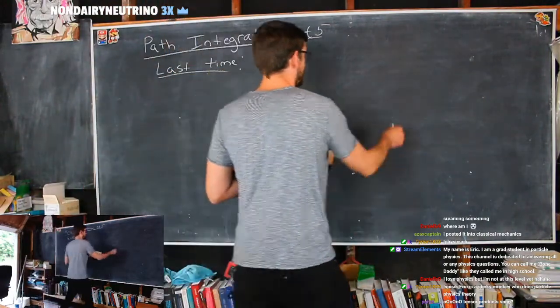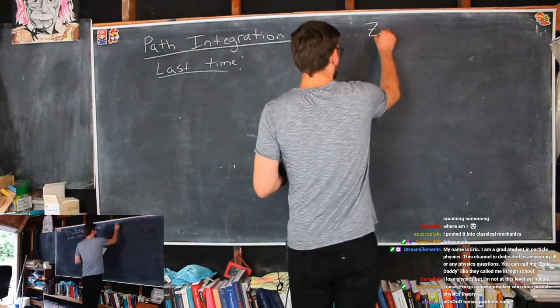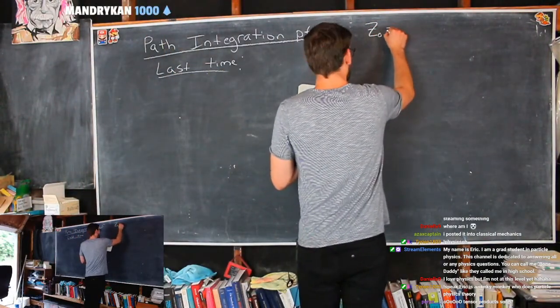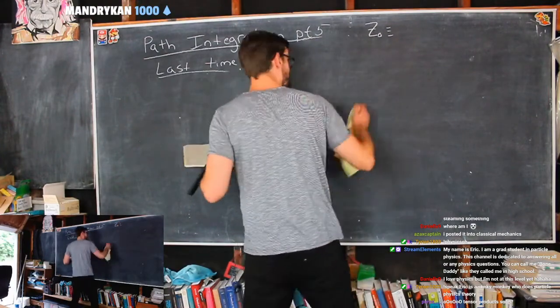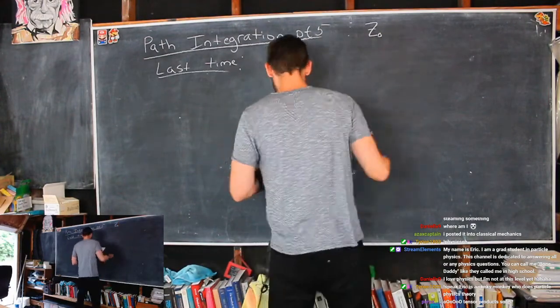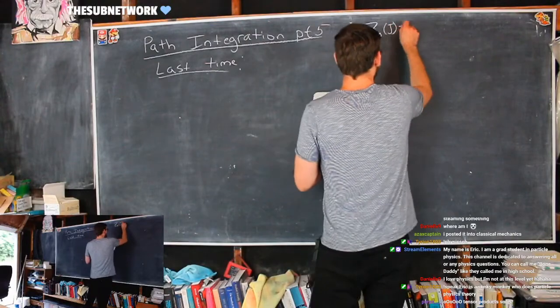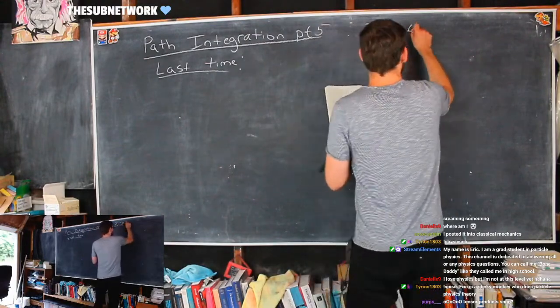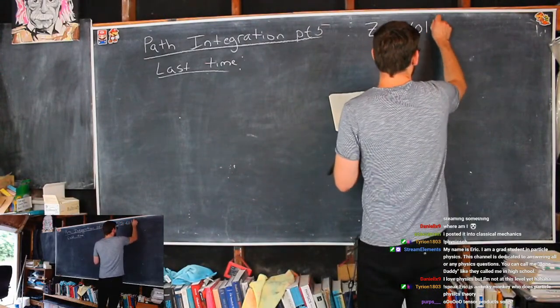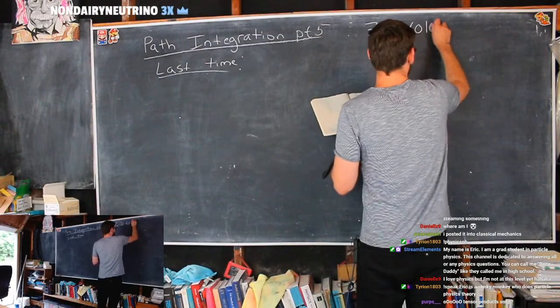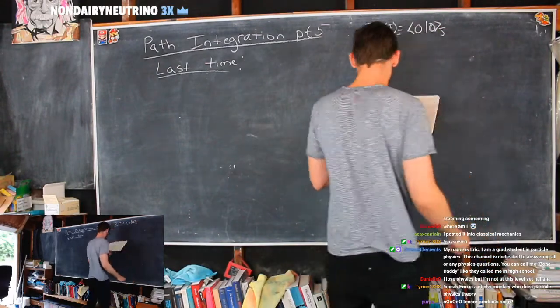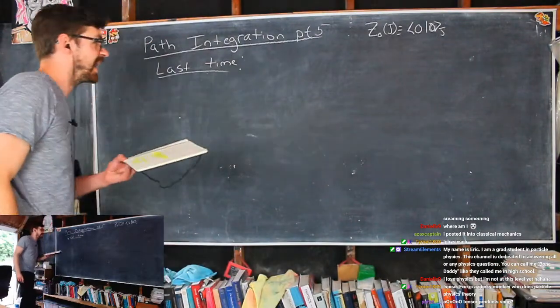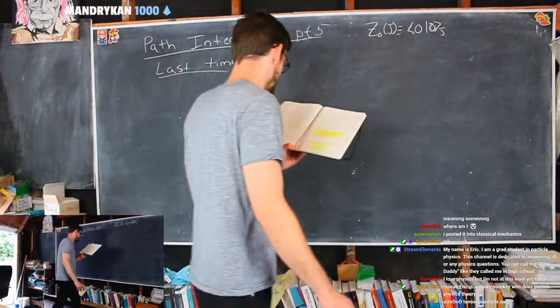So let's write that up here because we're gonna need it for a little bit. This was the old functional integral, and it's going to be Z of J, which is defined as the inner product of the ground state with the ground state with some sources J. And that had a definition.